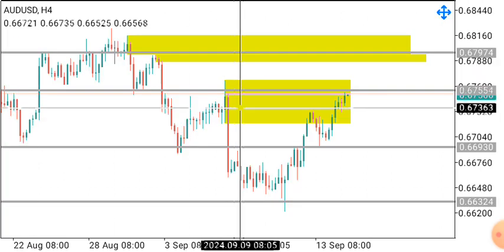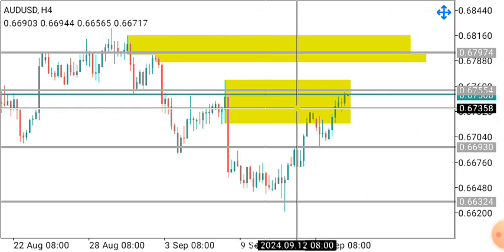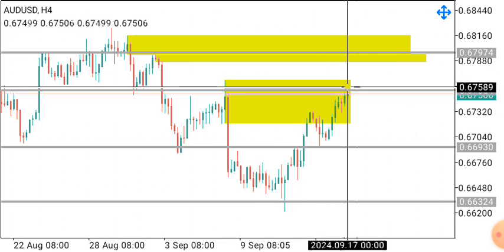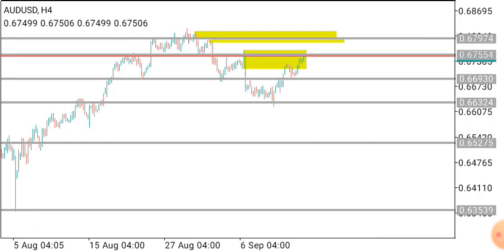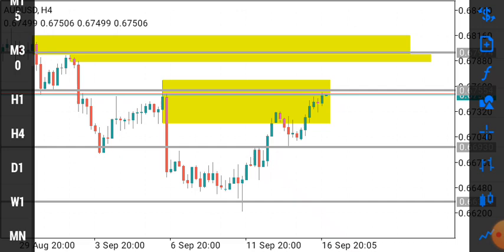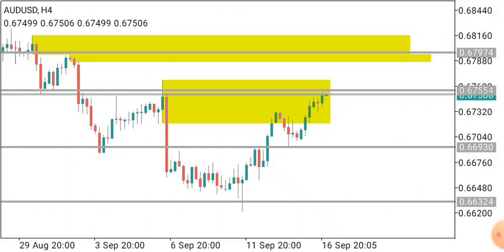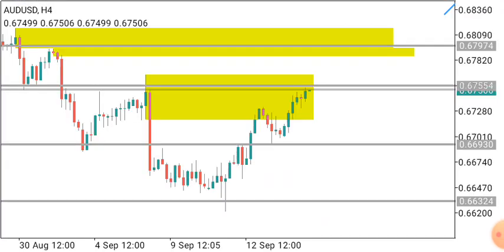Yes, it's a very huge block over there, but chances are we may even fail to break above it. We just have to allow the market to give us the direction. The market has been pushing to the upside, correcting this impulse to the downside.